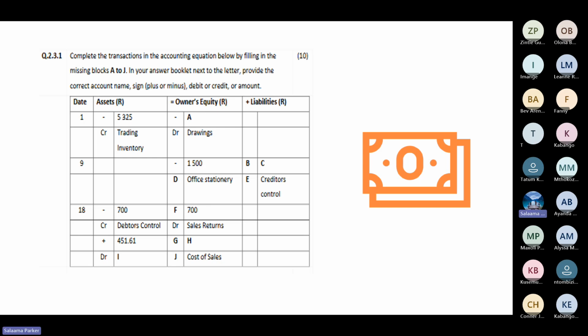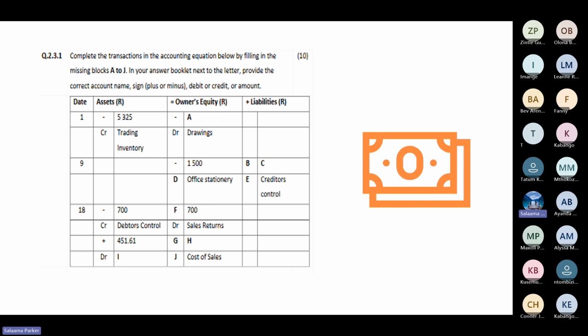Trading inventory, very good. Yes, debit trading inventory, credit cost of sales. So the cost of sales will be the credit entry.